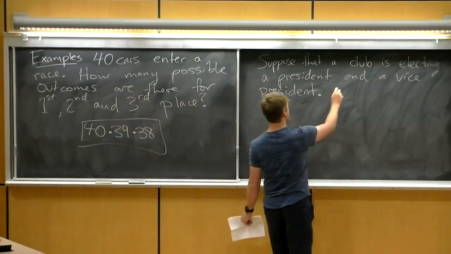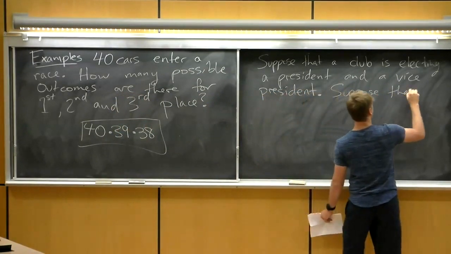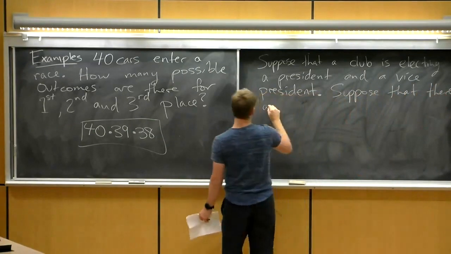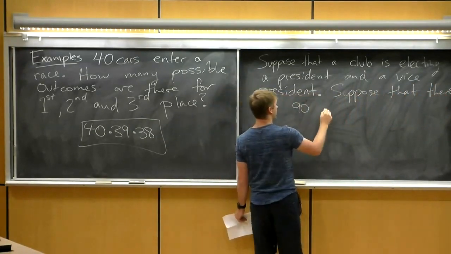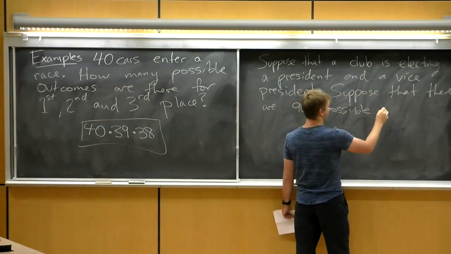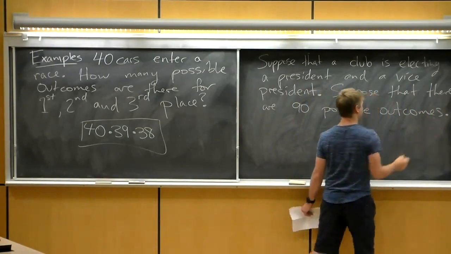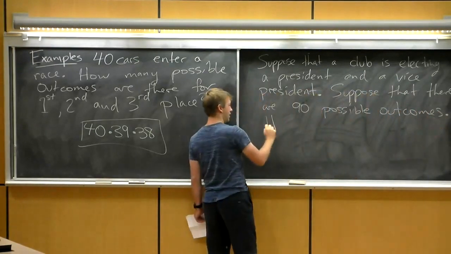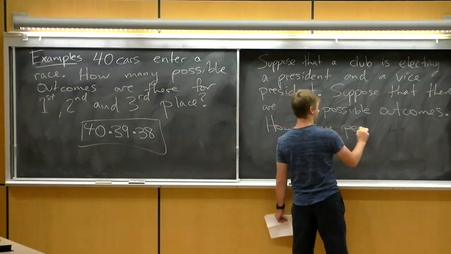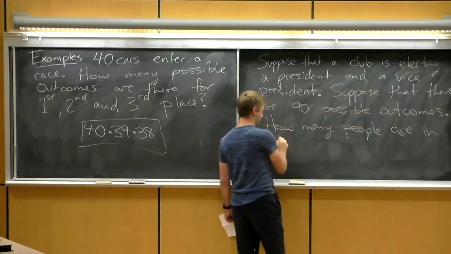So suppose that there are 90 possible outcomes. How many people are in the club?